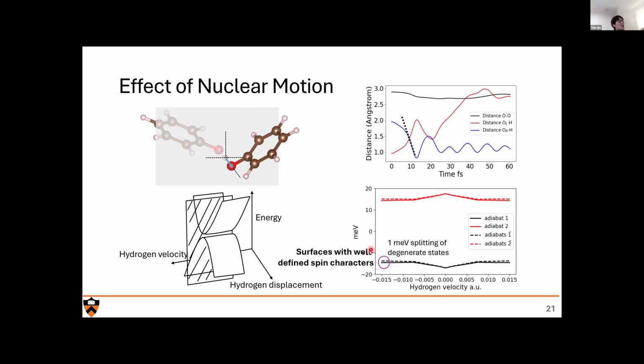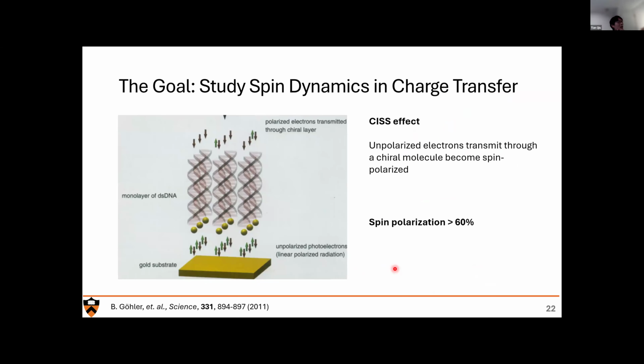And most importantly, those spin characters depend actively on the motions that we have, so that one can run spin dynamics for charge transfer problems. Finally, I hope I have given you a sense that we now have a method to study the spin dynamics in charge transfer problems.